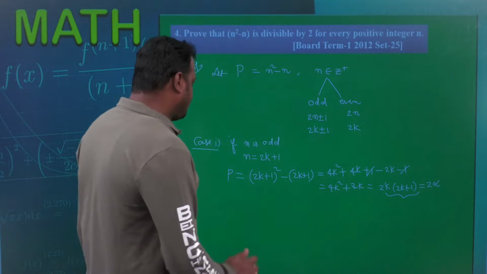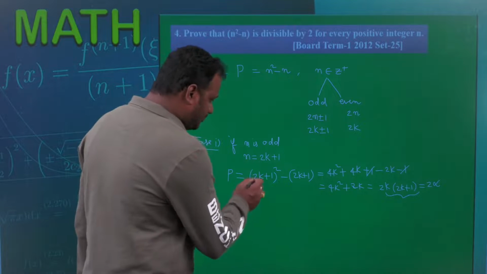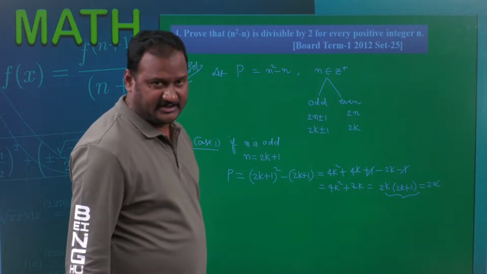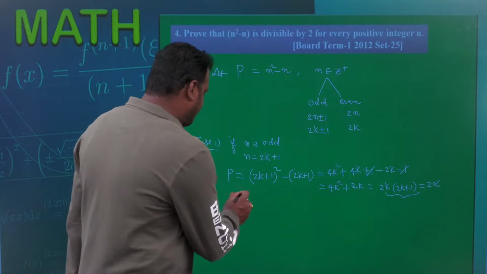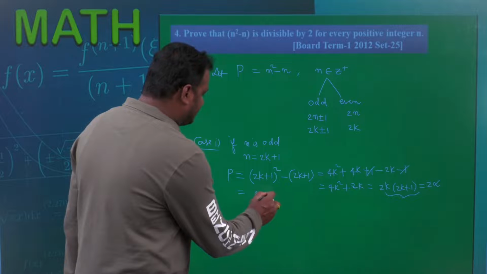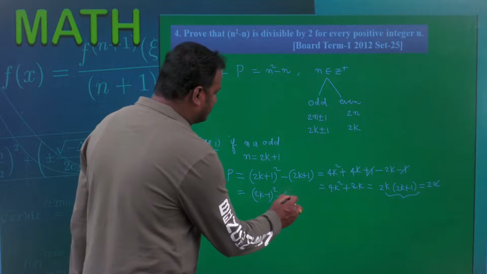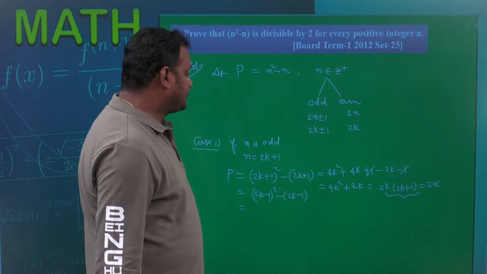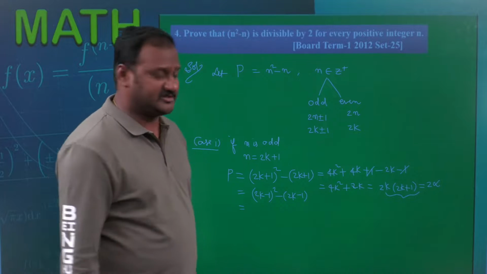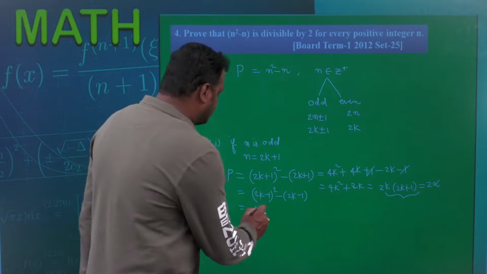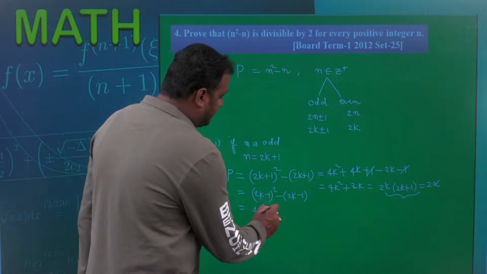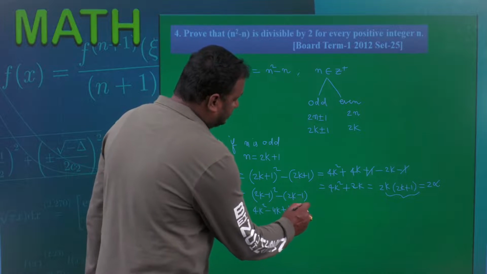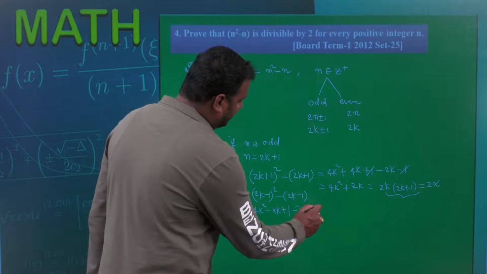Now if you take n equal to 2k minus 1, then it is going to be (2k minus 1) whole square minus (2k minus 1). (2k minus 1) whole square is again in the form (a minus b) whole square. So a square, (2k) whole square, is 4k square, minus 2ab, 2 twos are 4k, plus 1, and minus of minus 2k minus 1 is plus 1.